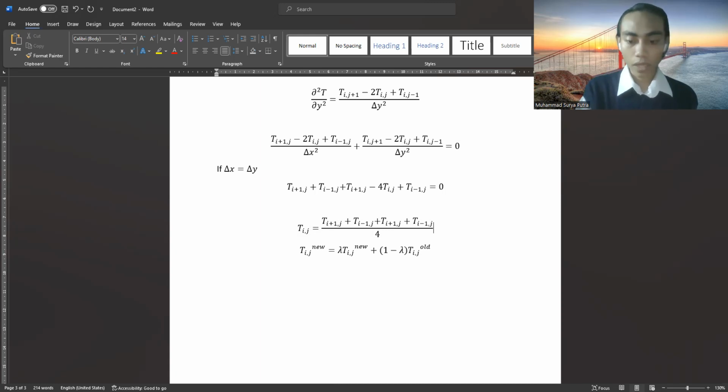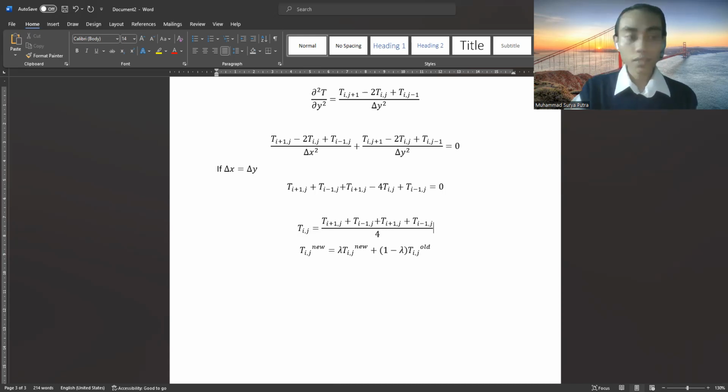T top, we have T top also. Top is 17 degrees Celsius.